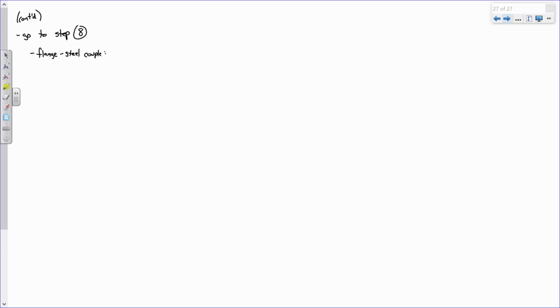Okay. Now, what we do here in this step is we recognize the following. I'm going to just put this on the board because it doesn't really matter for our calc. So you can copy this down if you want, but you don't have to. When you're looking at this couple, the compressive force in the flange is 0.85 fc prime times the area of the flange, right? And then that has to be counteracted.